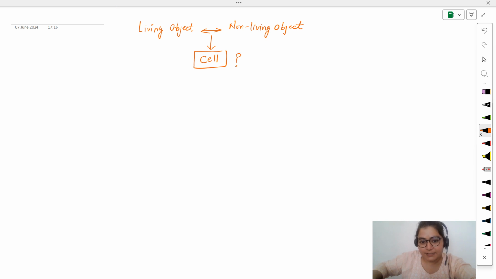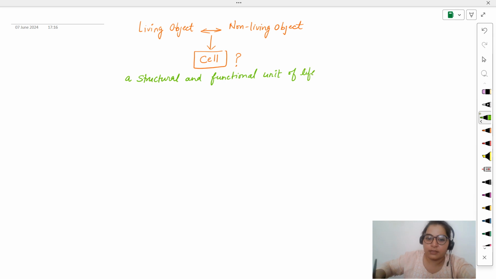What is the cell? Cell is the structural and functional unit of life. As we say, it is a structural and functional unit of life. So we understood there are two components.